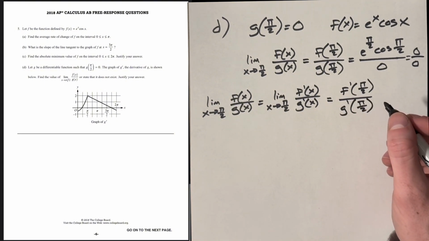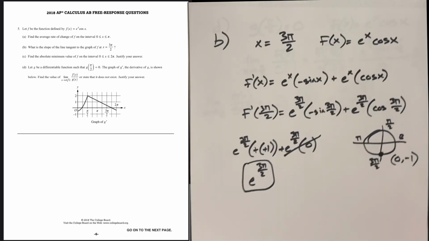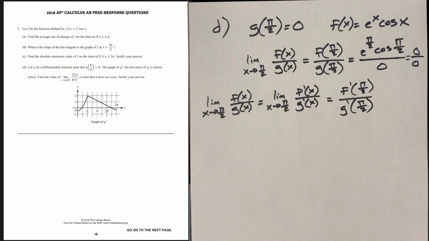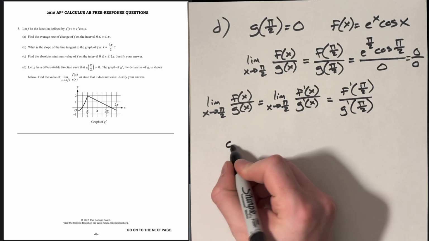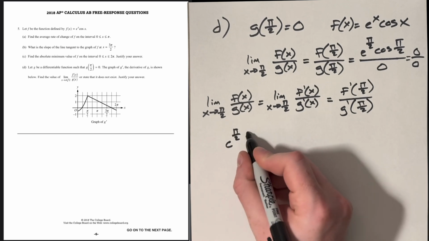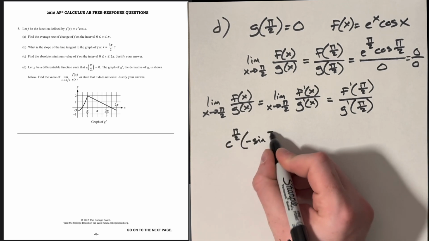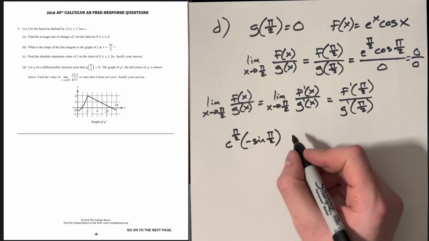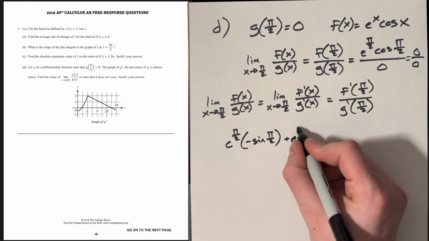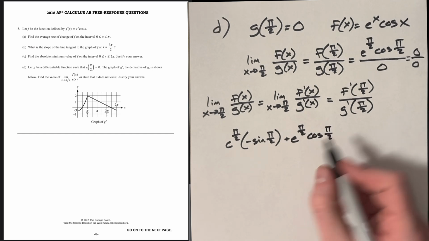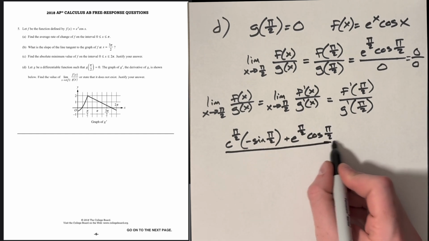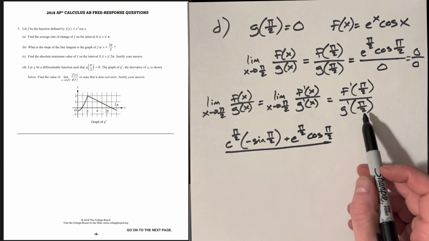I'm going to do a callback to part B, where we wrote out our derivative. So f prime of pi over 2 would equal e to the pi over 2 times negative sine of pi over 2 plus e to the pi over 2 times the cosine of pi over 2, all divided by g prime of pi over 2.